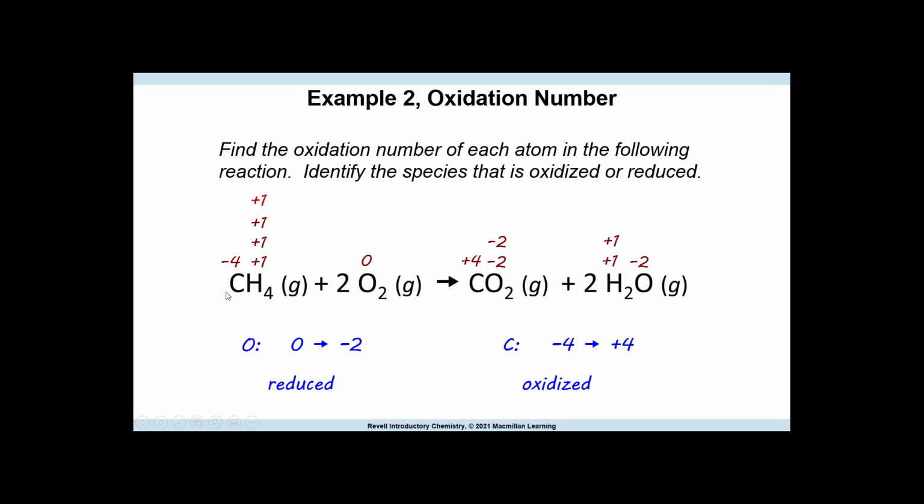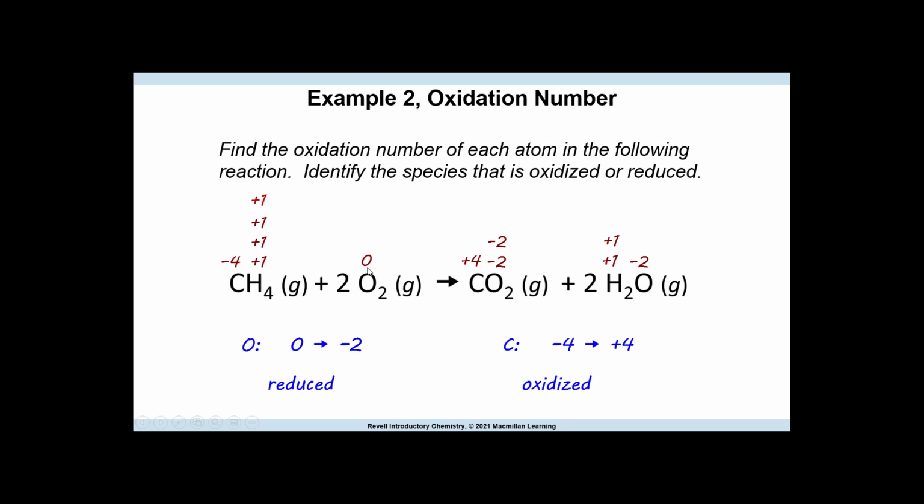So here, what we notice for oxygen, oxygen went from a 0 to a -2. So you see it's a 0 and a -2 and a -2. So it was reduced down. It gained electrons. See, even I could get confused.